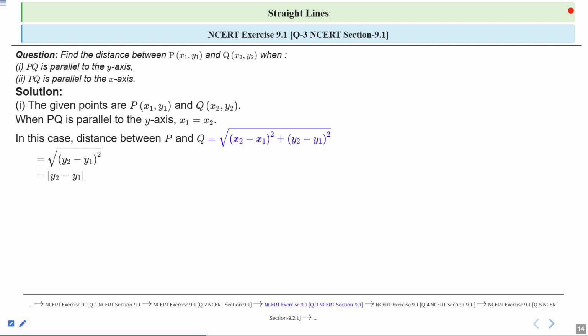In this case, simply you have to take the modulus value of the difference of y2 and y1. This will give us the distance between the points P and Q. So the point to be noted here: if the line segment PQ is parallel to the y-axis, then the distance between P and Q is equal to the modulus of y2 minus y1.